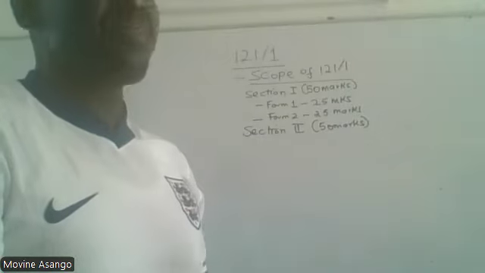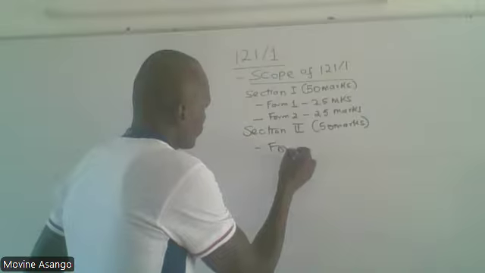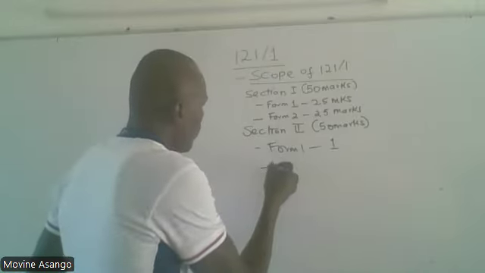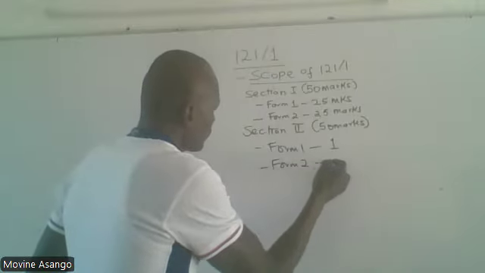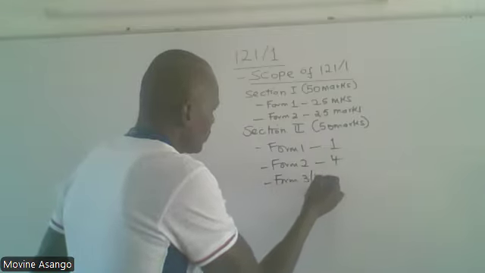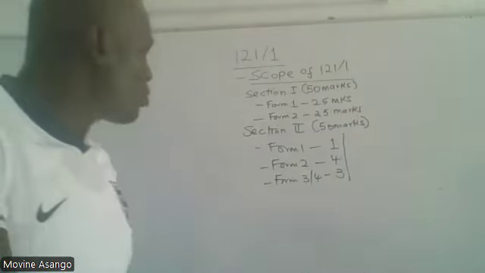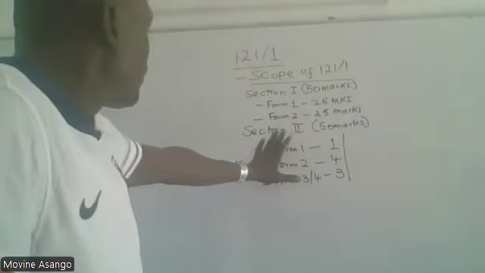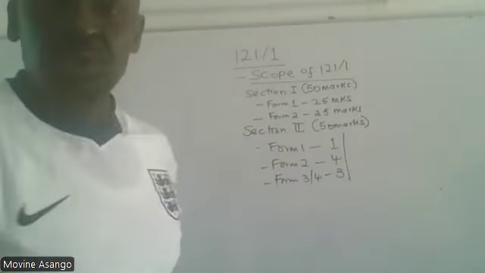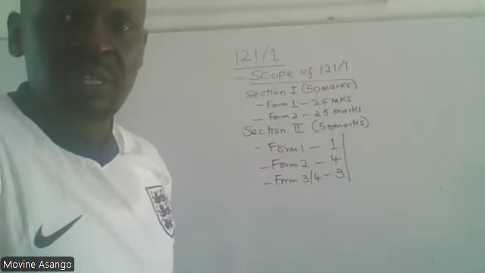Then the 5 are basically 1 from Form 1, 4 from Form 2, then from Form 3 and Form 4, 3. That one comes to 8 questions obtained from section 2, and from which you are supposed to answer only 5.